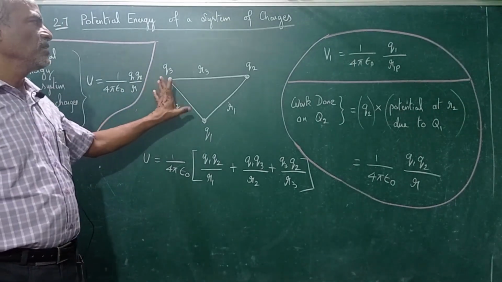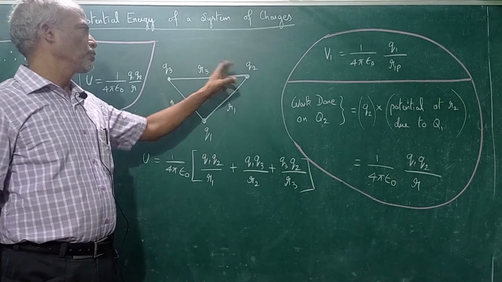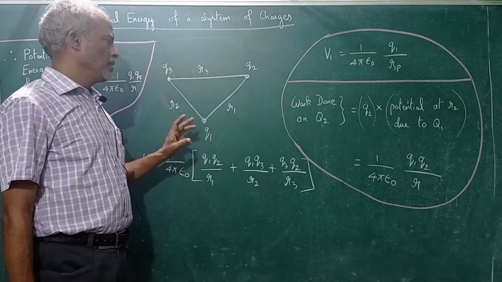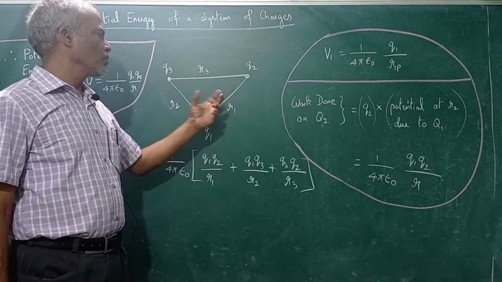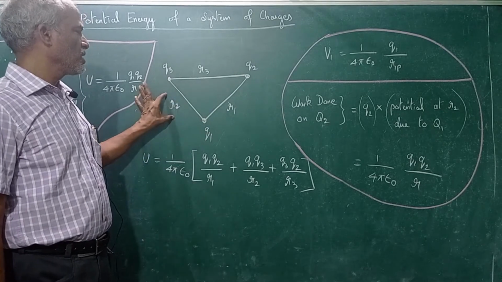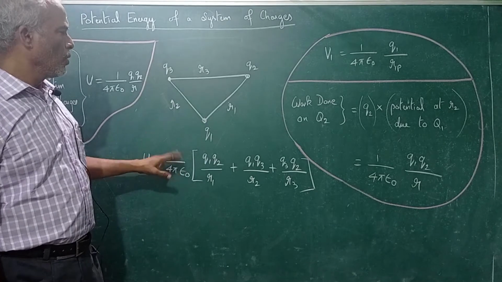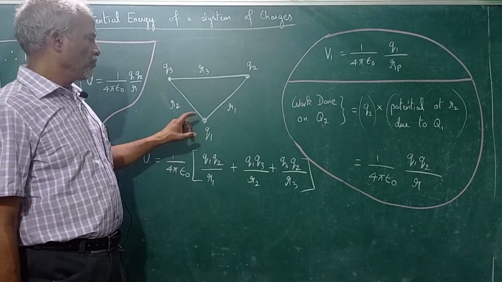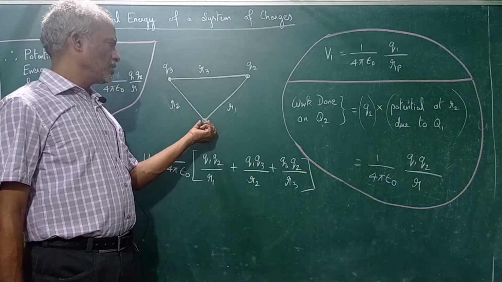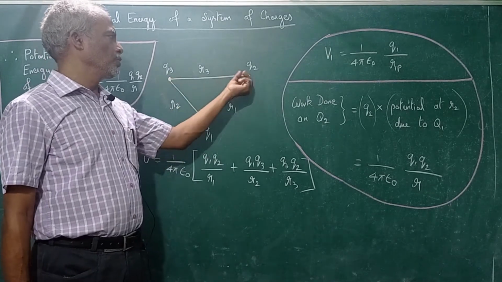Here we are considering three charges q1, q2 and q3. The distance between q1 and q2 is r1, q1 and q3 is r2, and q2 and q3 is r3. Okay. Now for each charge Q1, Q3 and Q2.